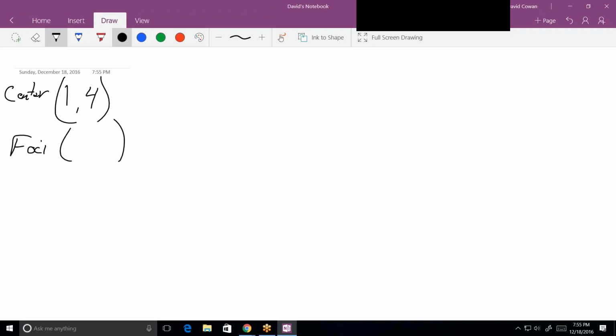Right. And then 1 vertex at 0, 4. Did they give us the foci? Oh, sorry, yeah. One focus at negative 2, 4. They just gave you one focus? Yes. Okay.